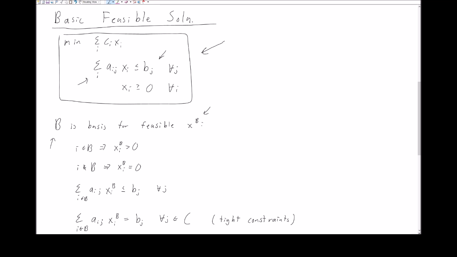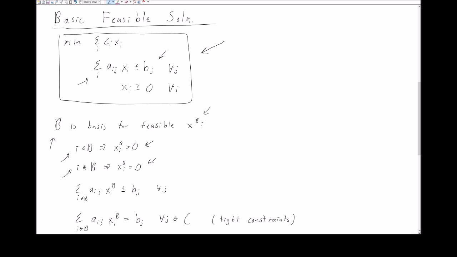We're going to focus on bases that result in feasible solutions. We're going to call this feasible solution XB. A basis has a few properties. First, for any index that's in the basis, that implies that our basic solution associated with this basis has a positive value. For any index not in the basis, that means that our basic solution has a value 0 at this index.